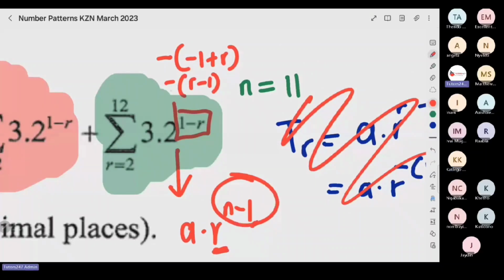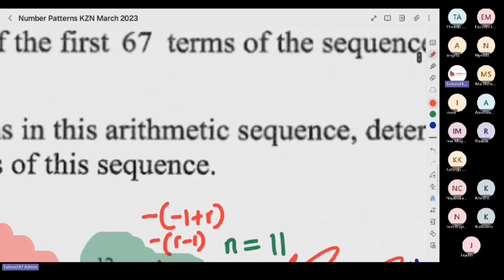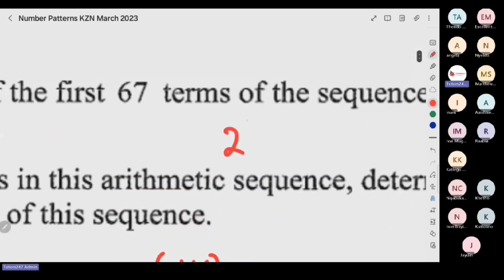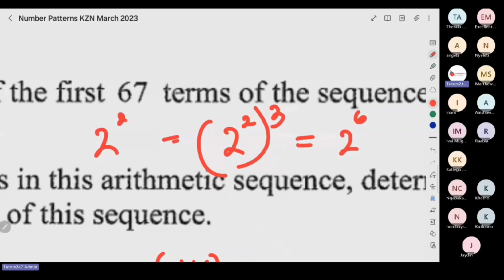In grade 10, you learned that when you raise an exponent to another exponent, you can multiply them, right? For example, if you have 2 to the power 2 raised to the power of 3, you multiply them, which is 2 to the power 6. But you also learned another technique whereby you can swap them. So you can have 2 to the power 3 raised to the power of 2.